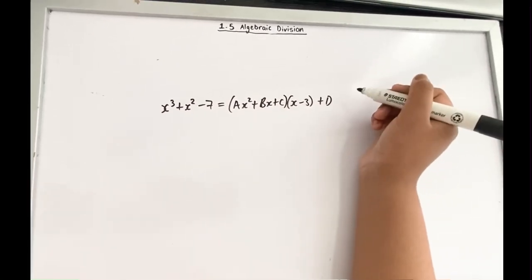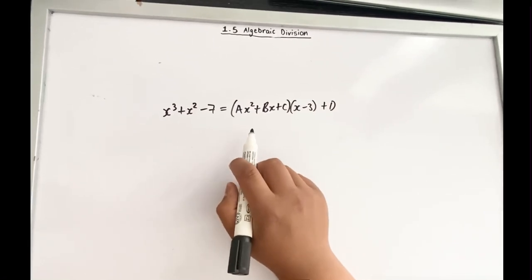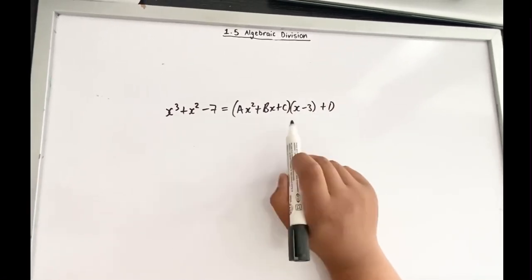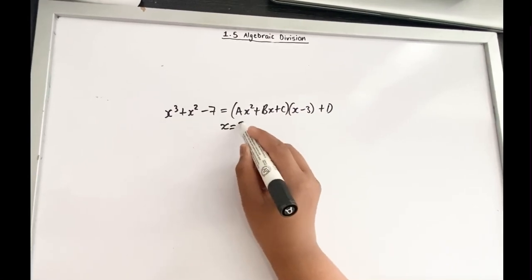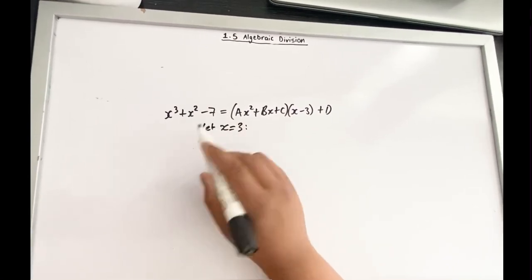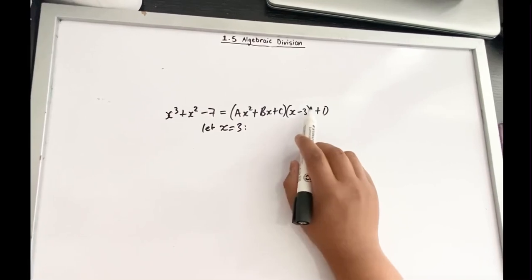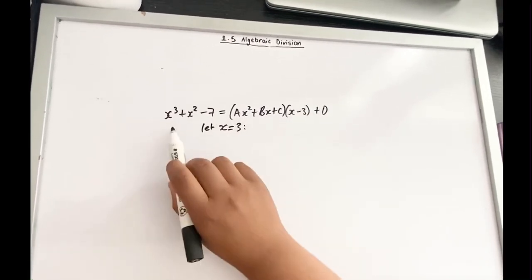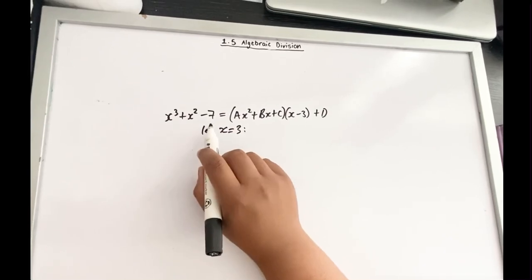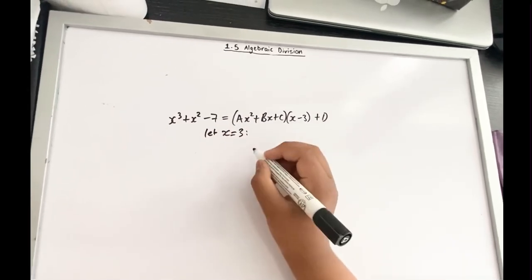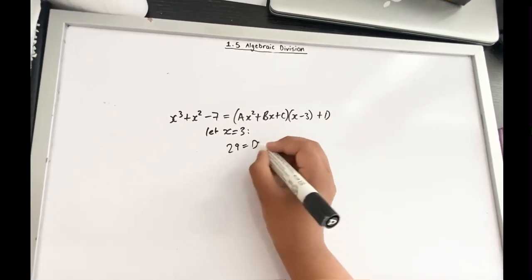Find a, b, c and d. So we can equate coefficients to find all of these. If we substitute x equals 3, this turns into 0, which cancels all of this, so we can find d. We get 27 plus 9 minus 7 equals d. So that's 29 equals d.